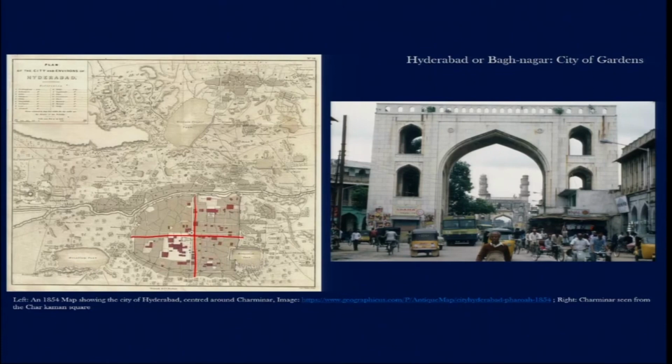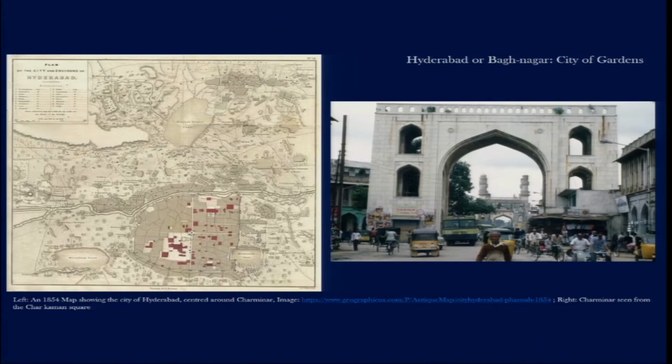So what we find here is how this Chaharbagh or four-part garden motif, and also how to have the cardinal directions acknowledged in a city plan for better organization, all those things came together in the city of Hyderabad.